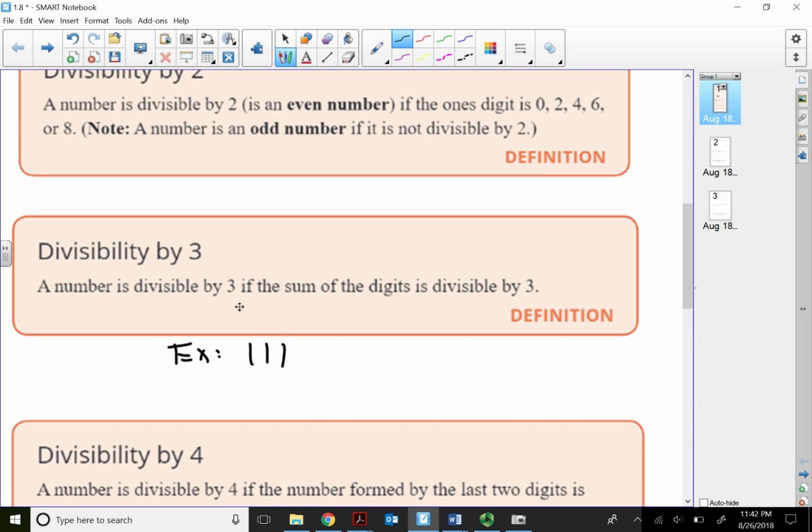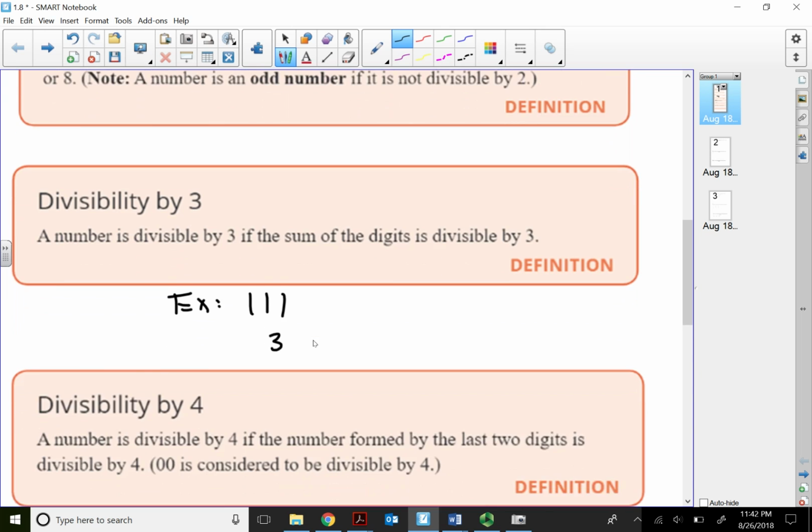All you do is take the individual digits of 111 and add them up. 1 plus 1 plus 1 is 3. So 3 can go into 3. That means 3 can go into 111. That's how we check for divisibility by 3: simply add up its digits and see if 3 can go into the sum. If 3 can go into the sum of the digits, then 3 can go into this number.